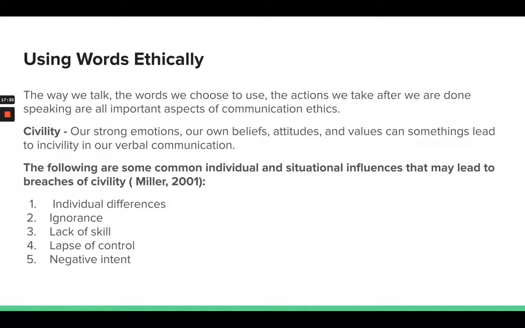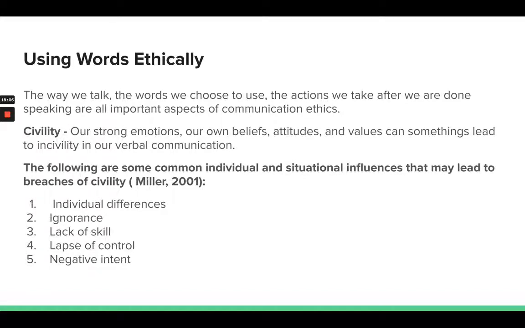Civility. Our strong emotions, our own beliefs, attitudes, and values can sometimes lead to incivility in our verbal communications. And I think all of us can be challenged by this. If there's a topic that we are extremely passionate about, and we're talking to someone that's equally passionate, maybe on the other side, it can be challenging to keep our emotions in check and to stay calm and poised.